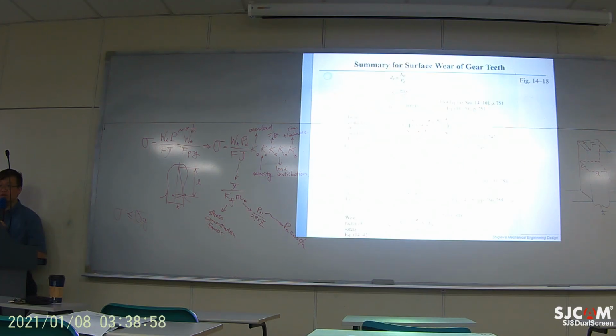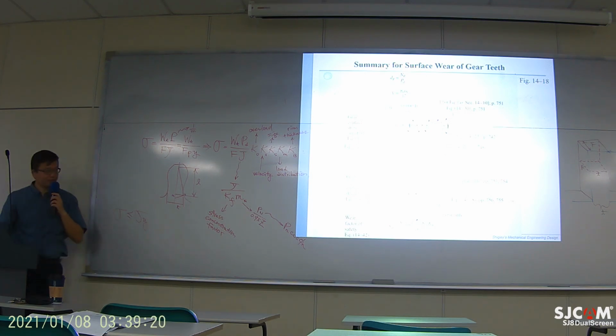This is the equation for bending. Okay, the top is the estimation of the stress. The bottom is the limit. If you go to the next page, it shows you surface wear. It's like a stress at the interface.